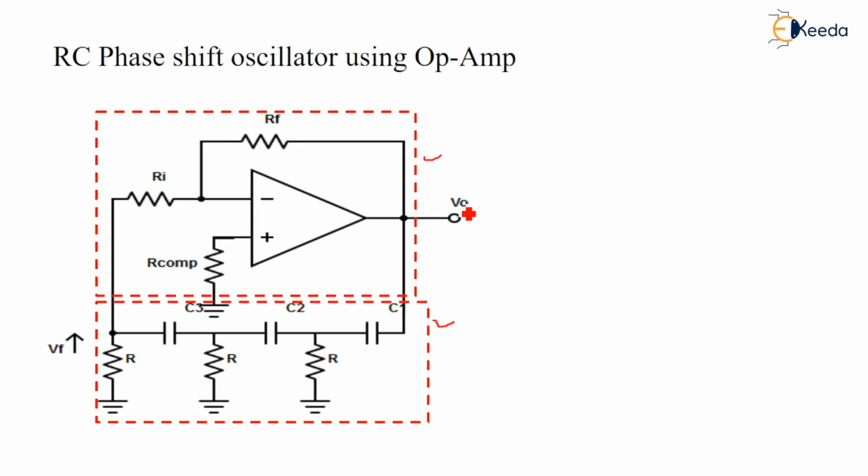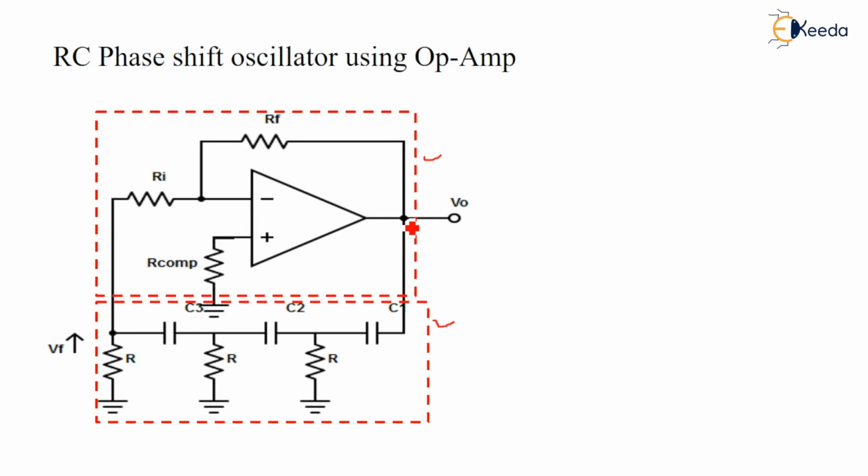So we know the output will be 180 degree phase shift of the input. There is a relation between the output and the input voltages of 180 degree. So 180 degree phase shift will be introduced through this amplifier and the remaining 180 degree phase shift will be given by this tank circuit or feedback network.